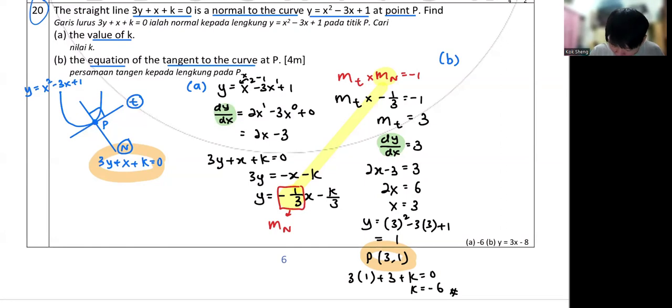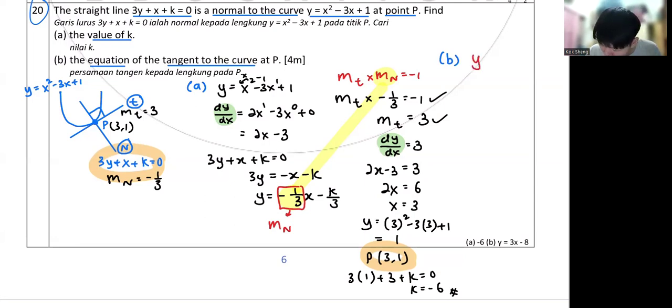We already have the normal gradient, negative 1 over 3, and we already used the perpendicular to get the tangent gradient, 3. And we have point P also, 3, 1.